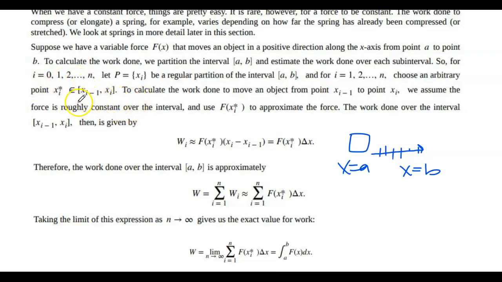We're then going to make those little subinterval partitions, and then we can add up that work done over time, where each little subinterval we call delta x.